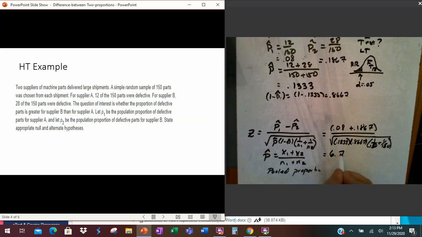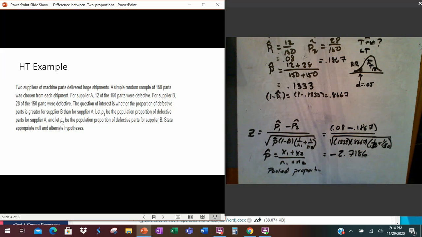And I get 6.7952 as our test statistic. Oh, that should have been a minus. Minus 2.7186. That looks more reasonable.